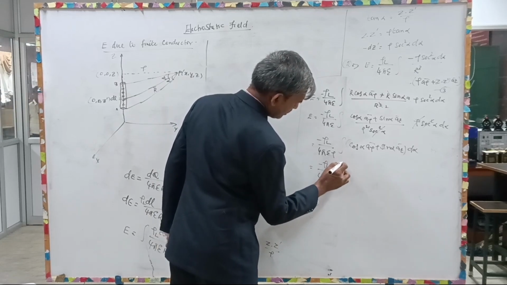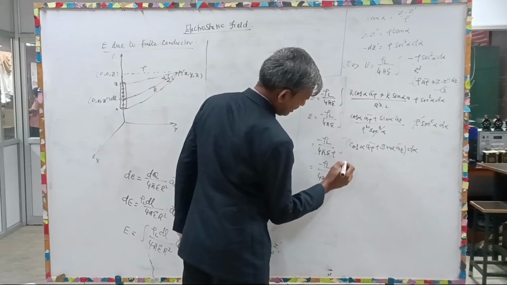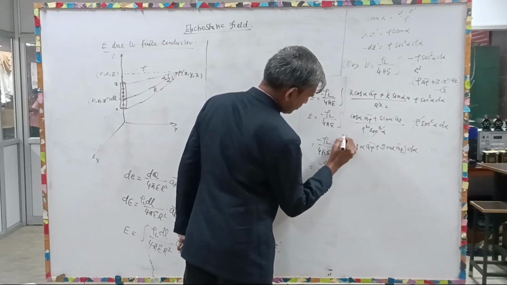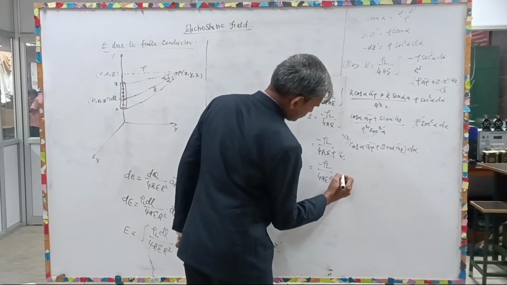So now we are substituting, taking the limits alpha 1 to alpha 2.